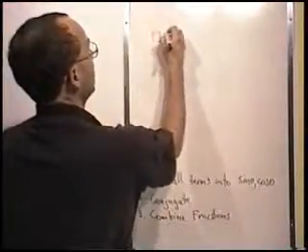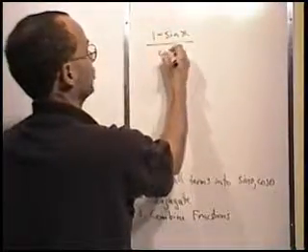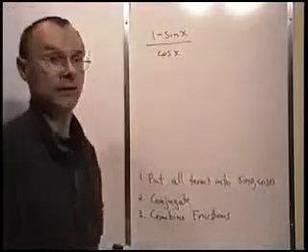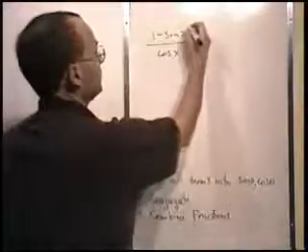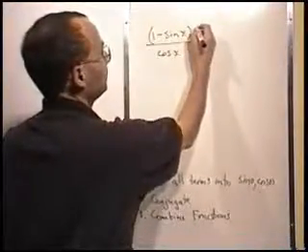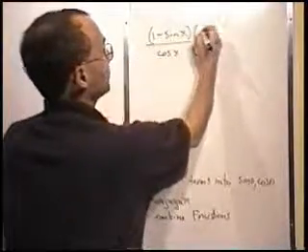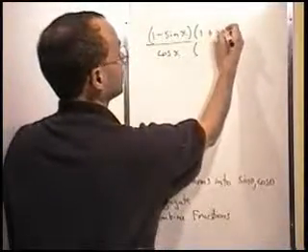Maybe I had 1 minus sine x, and on the bottom I had, say, a cos x. So I was going to try and make this look different, and I'm thinking, well, what can I do with this? The conjugate would be to multiply the top and bottom by this two-termed expression, changing the sign from minus to plus.